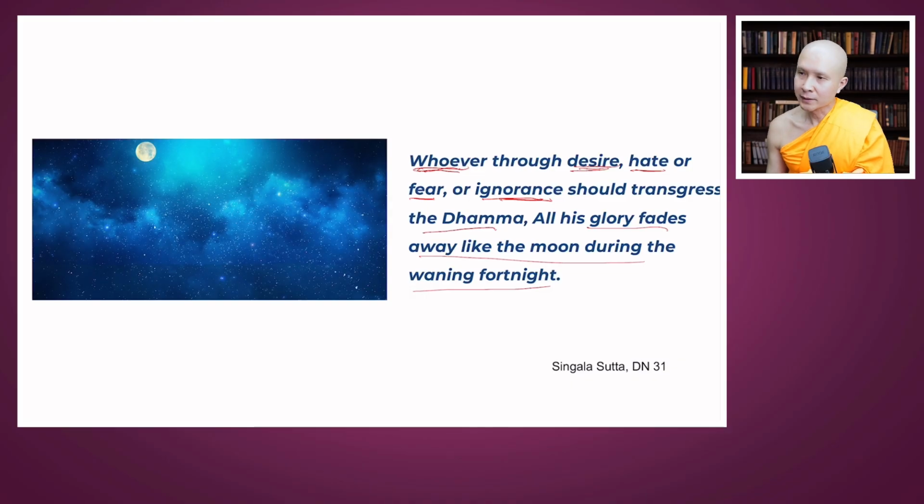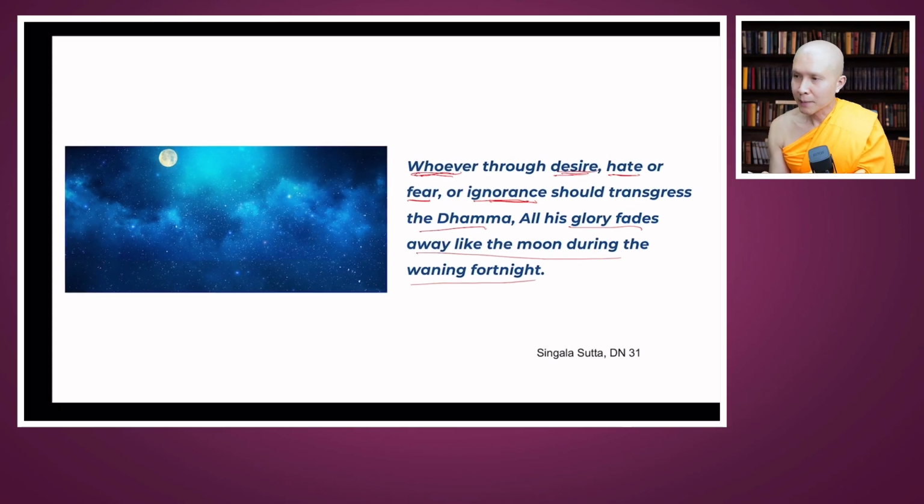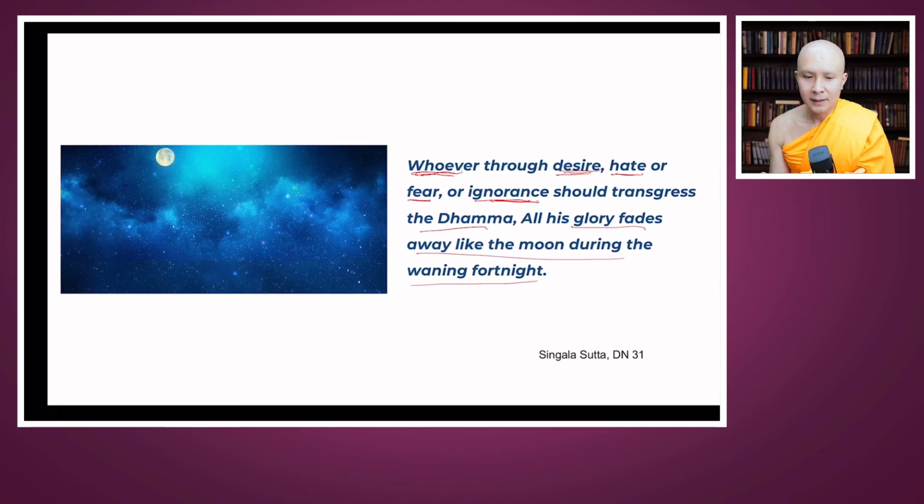In other words, if you make decisions based on these 4 influences, you will damage your credibility, because it doesn't come from wisdom. It comes from the kilesa that drives those kinds of decisions.